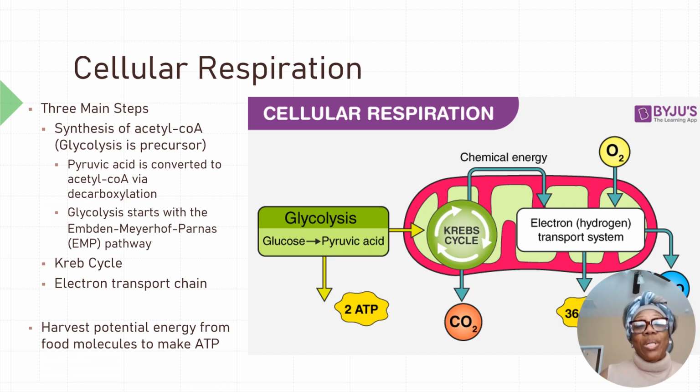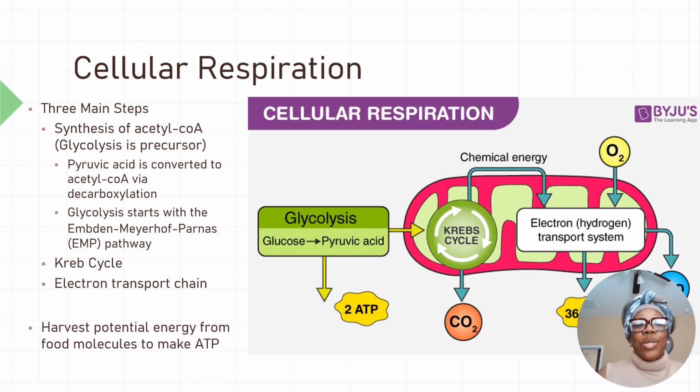Glycolysis, whenever we see lysis at the end, it means split or break down. So glycolysis provides the precursor, whatever comes before acetyl-CoA is produced. That precursor is pyruvic acid, which is also sometimes referred to as pyruvate.